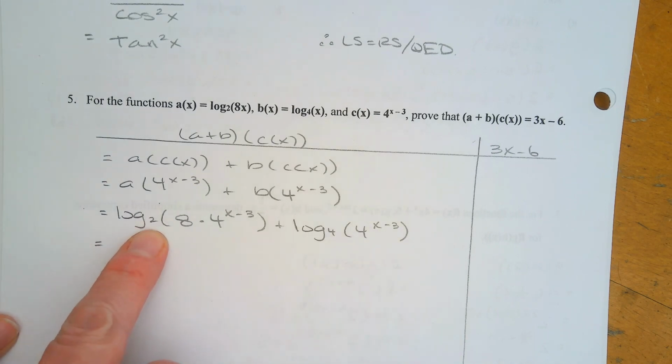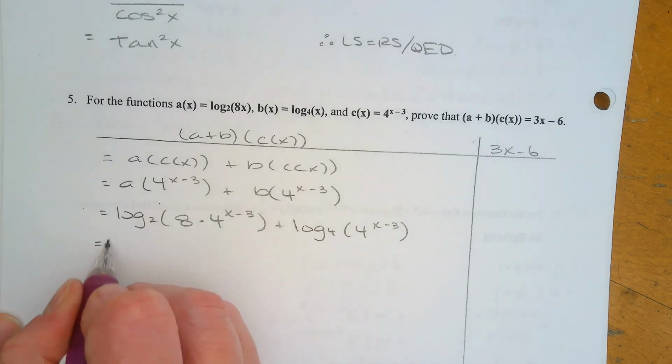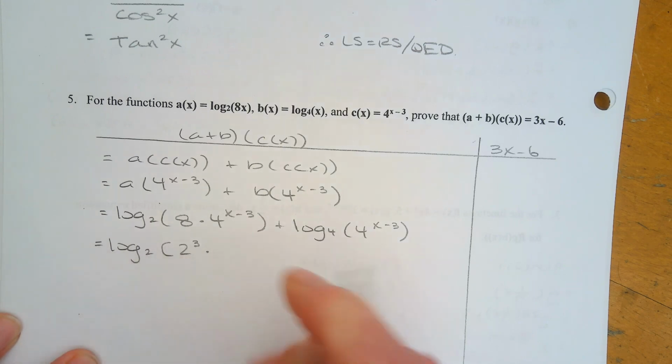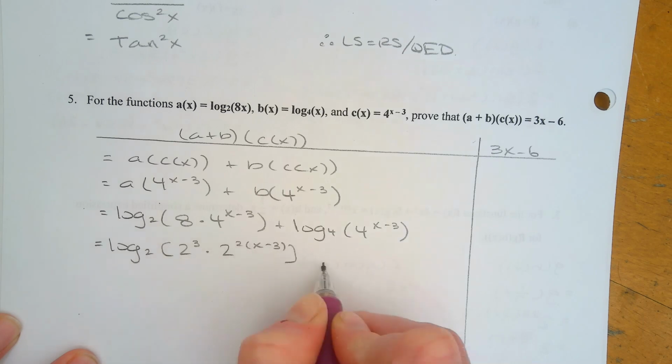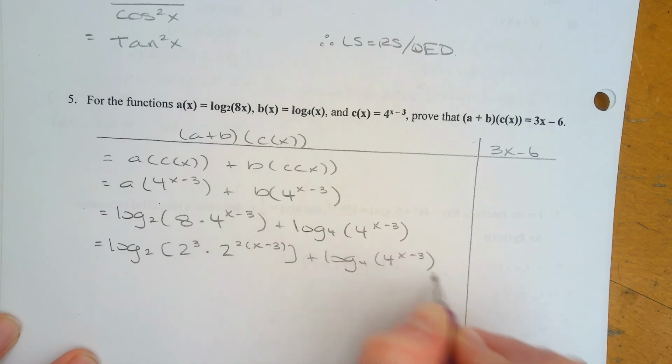The base is 2, and I know that I can change 8 and 4 into base 2. So what that means to do is we're going to do 2 cubed times 2 squared, x minus 3, log base 4 of 4x minus 3.